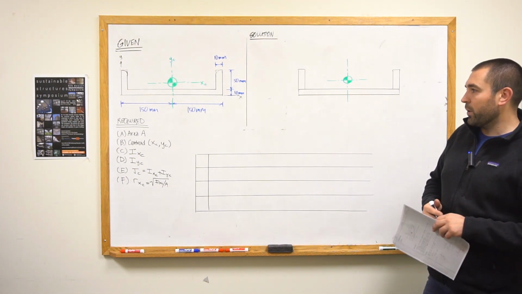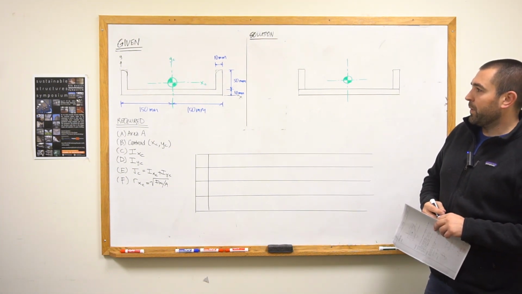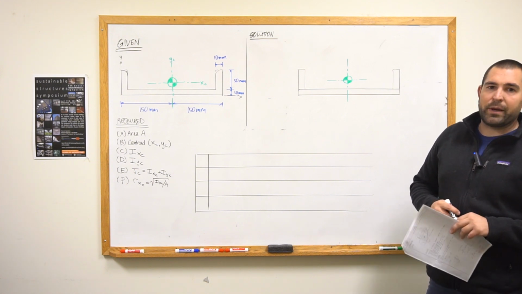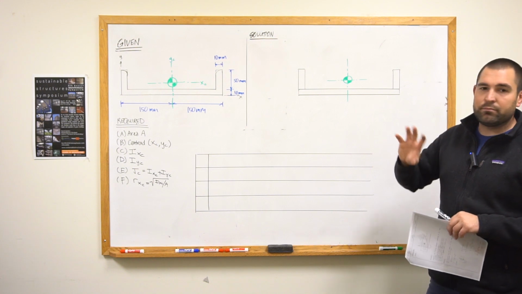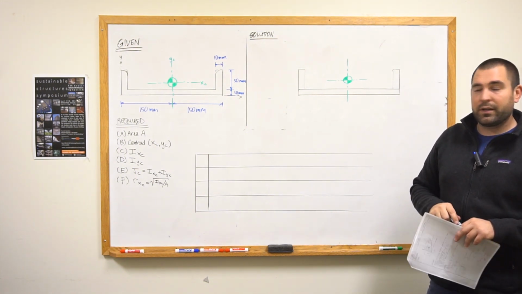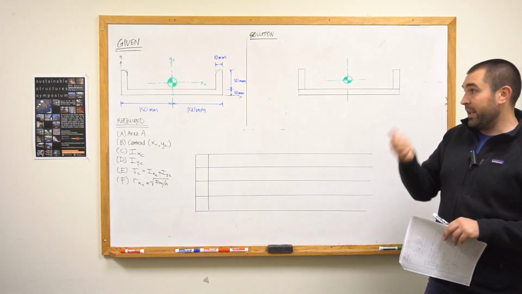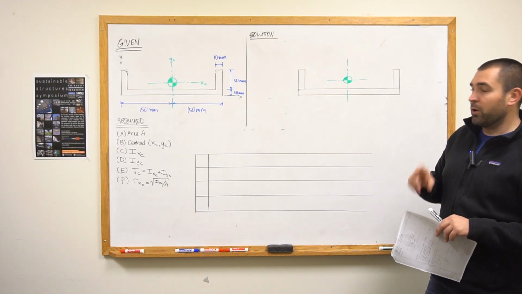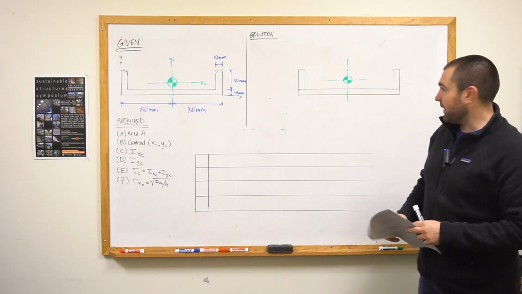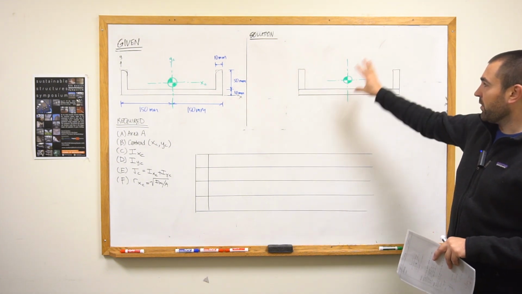There's an easy way to organize our work. The way that we do that is by breaking up the shape into bite-sized components. Components where we know really easily where the centroid is, and really easily what the moment of inertia about their own local axis is. And that's what I've done starting with the solution over here.